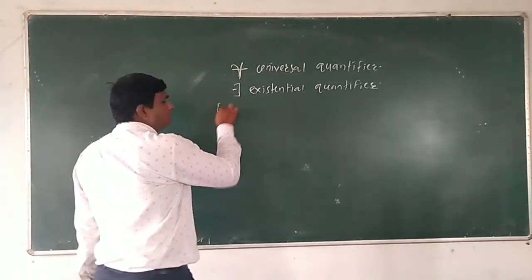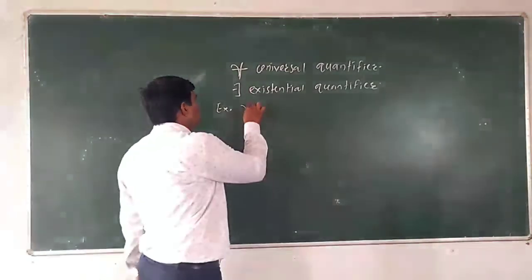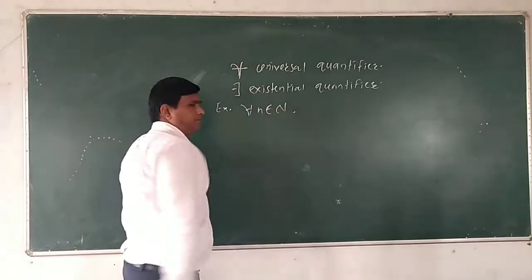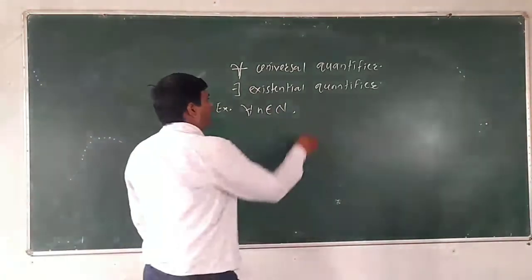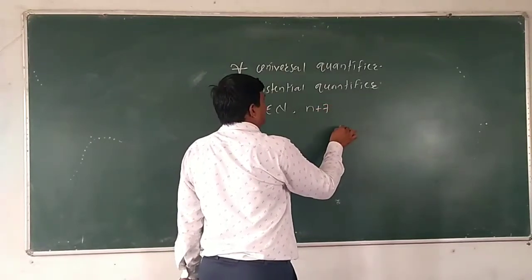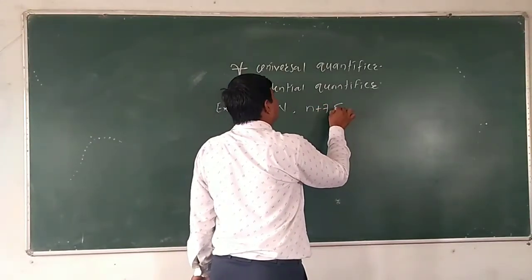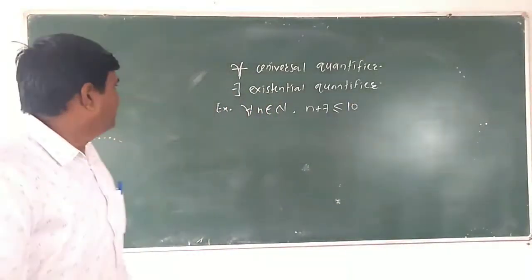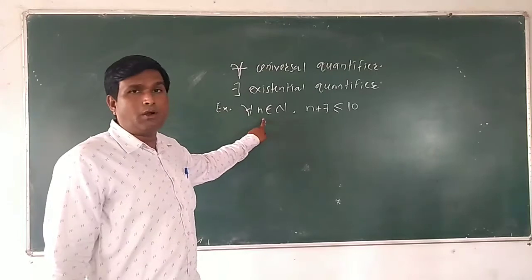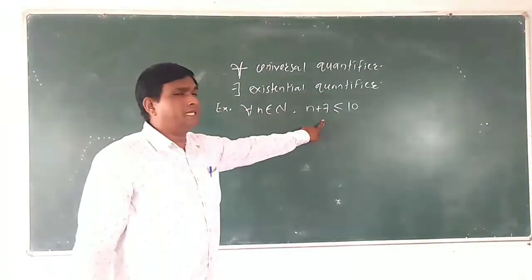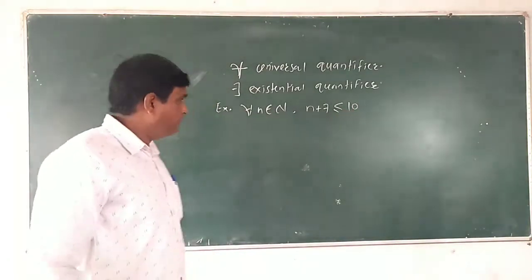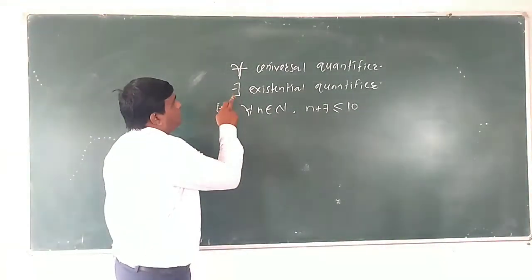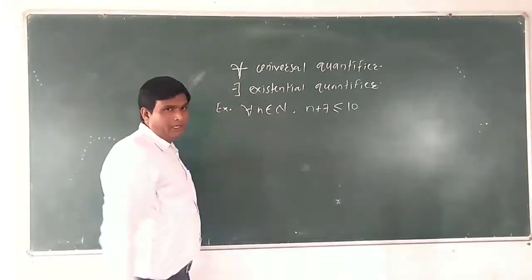Example: for all n belonging to N, n plus 7 is less than or equal to 10. This is the example. Then we are to replace this universal quantifier by the existential quantifier.